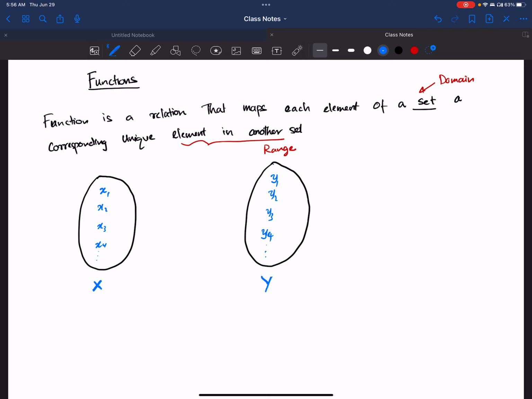And for our function, there should be a name for that function as well, right? I named the function f. F is the name of the function.